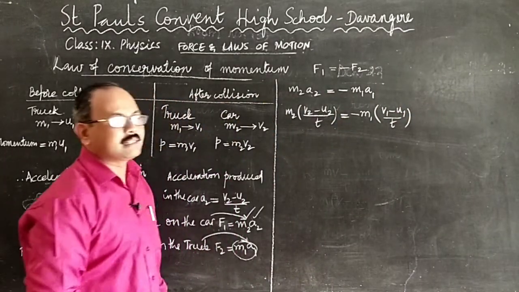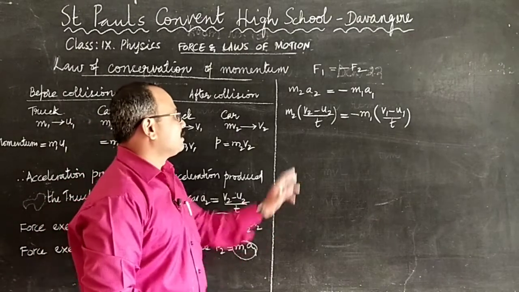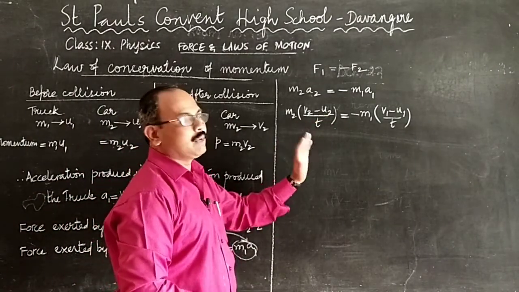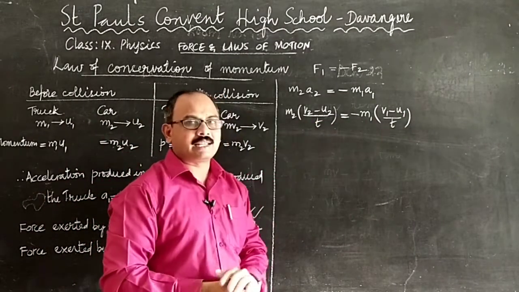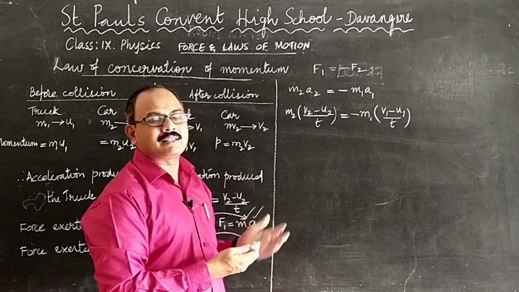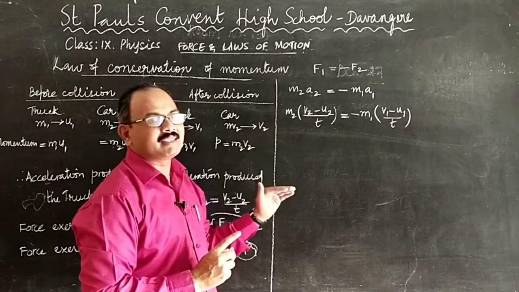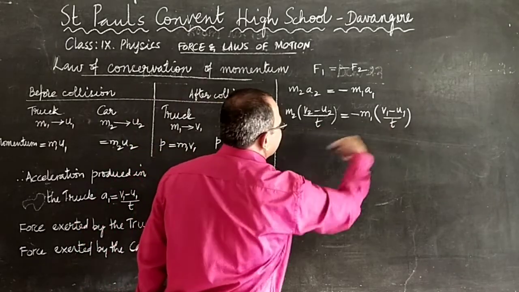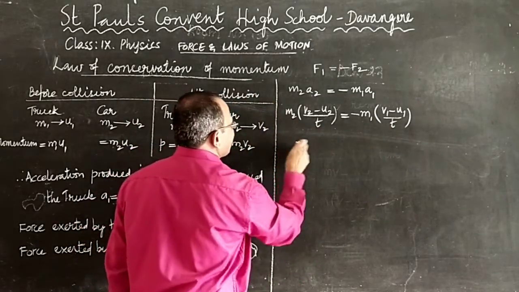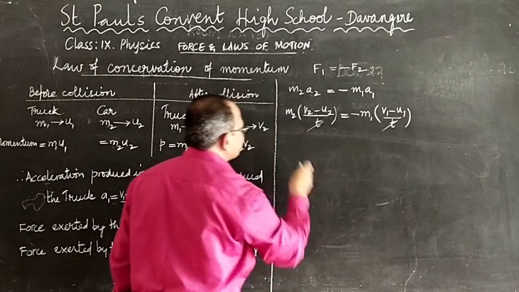See, children, it's easy to remember: 2, 2, 2 on one side, 1, 1, 1 on one side. This is another simple thing you can remember. But you have to understand and create it step by step, children. t and t get cancelled.